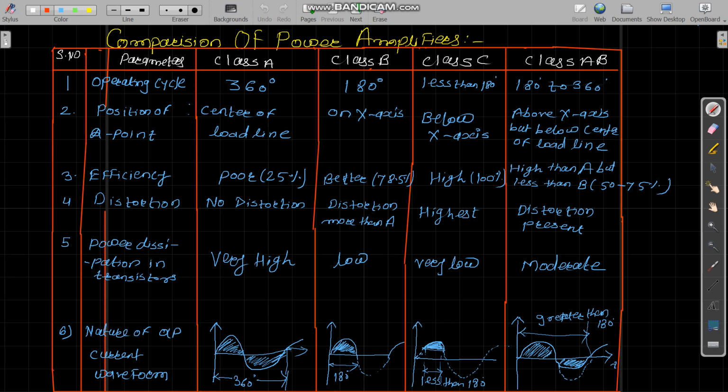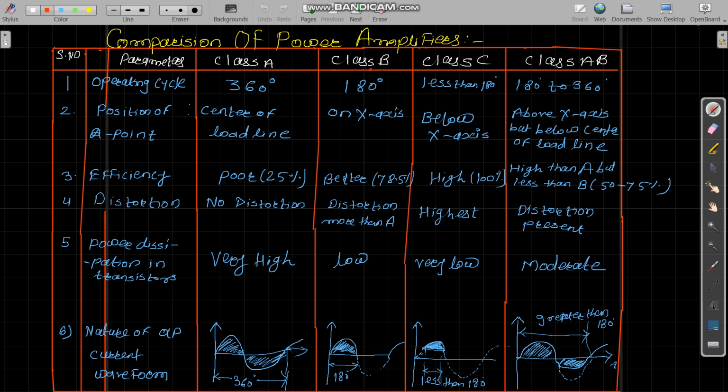I'm not drawing the input, only the outputs are drawn. Here the hatched portion shows the output obtained. That means both positive and negative cycles are produced at the output side, so the complete 360 degrees of output, because I have selected the operating point at the center of the DC load line.